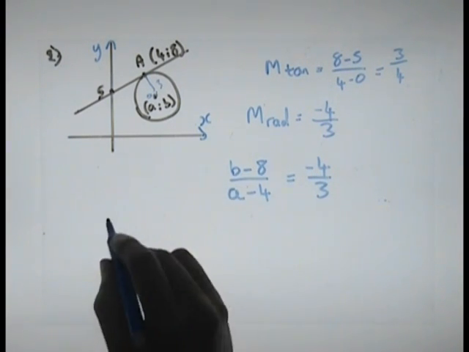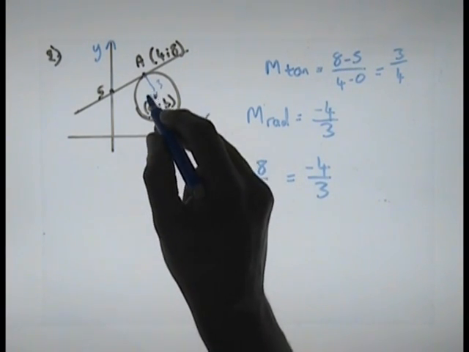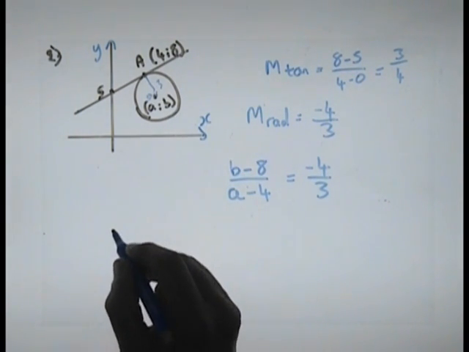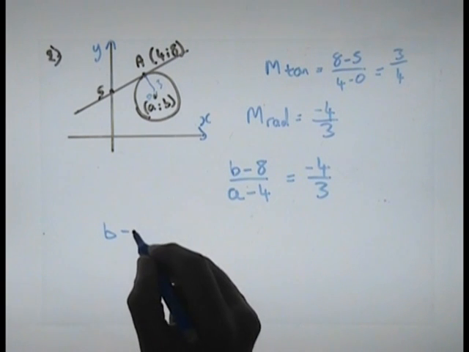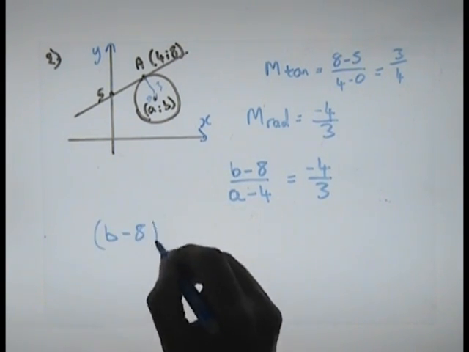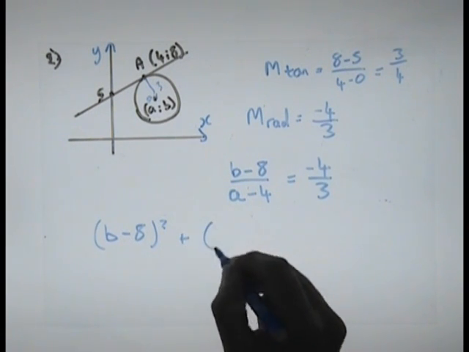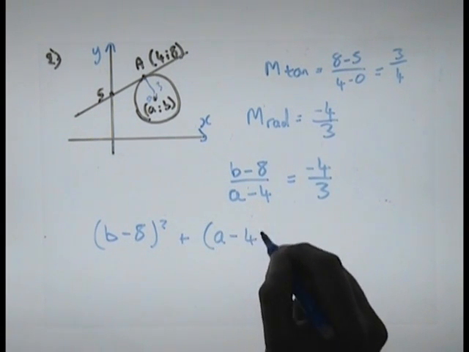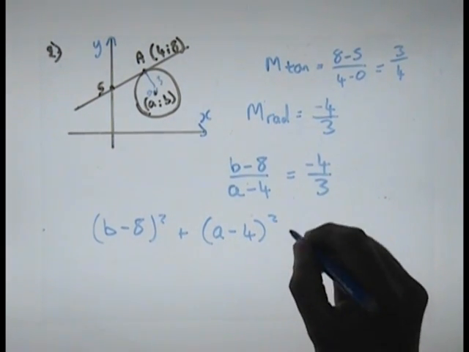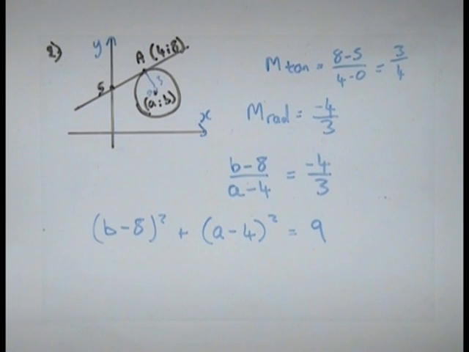That means that, with O the center of the circle, AO squared is going to be given by (y2 minus y1) squared plus (x2 minus x1) squared is equal to my radius squared.